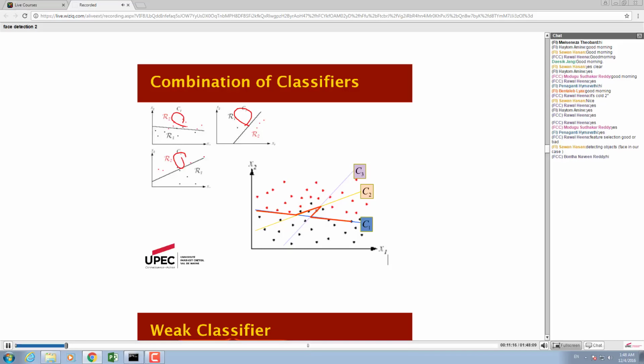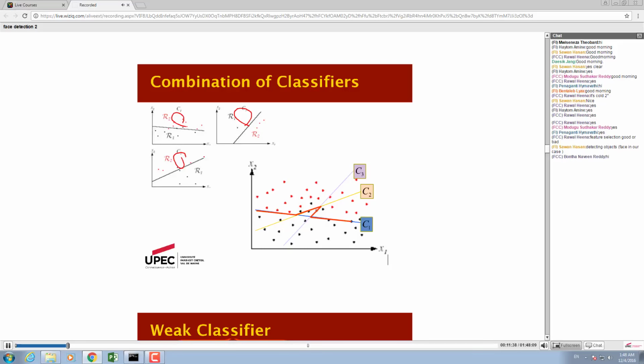By combining all three, we can make a more complicated line, which can classify in more detail and more accurately. Is that clear? So this is the concept of combination of classifiers.